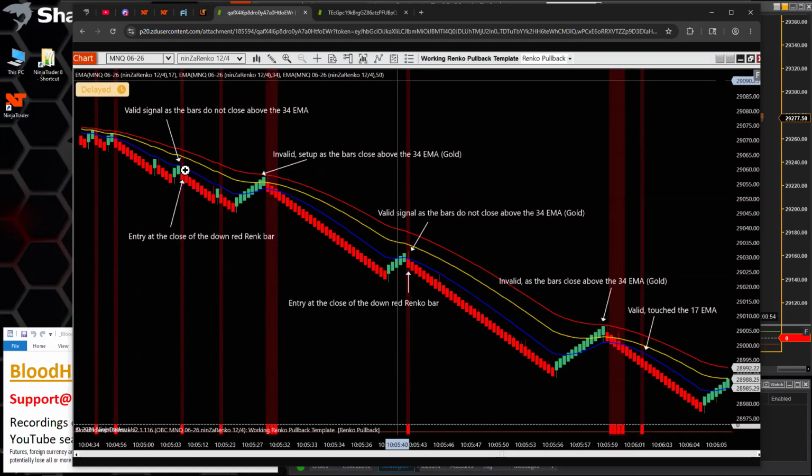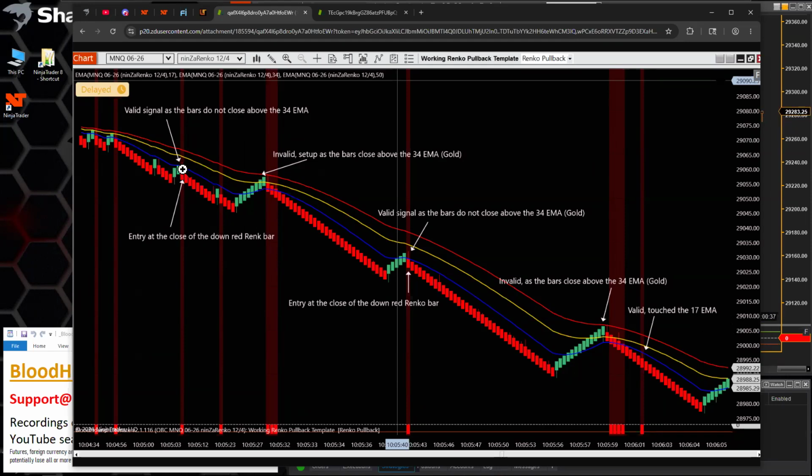So we can see here, going over the system rules, essentially we need the Renko bars to hit the fastest moving average, which is the EMA 17.